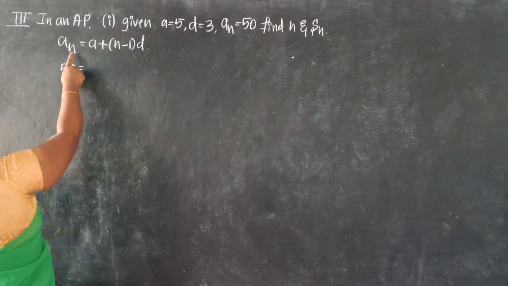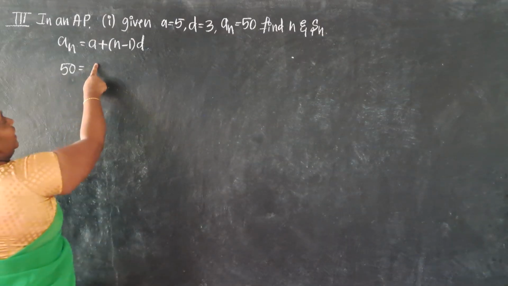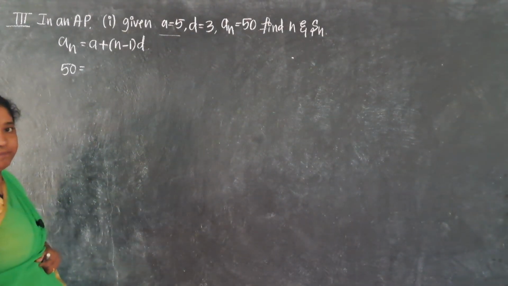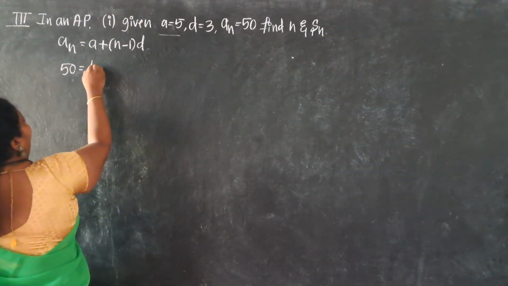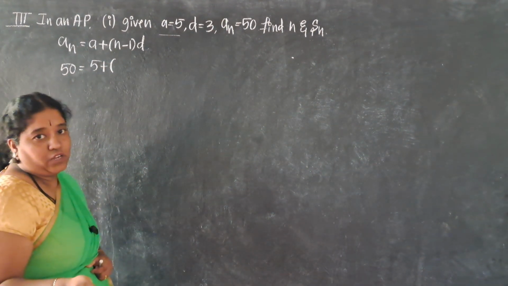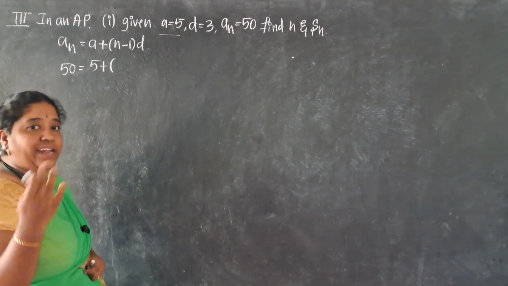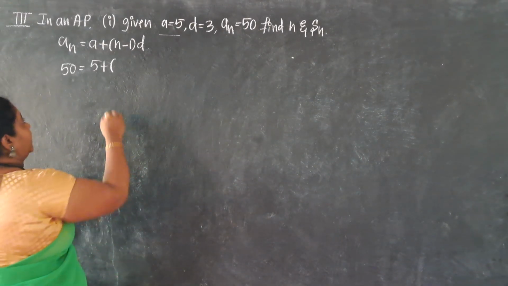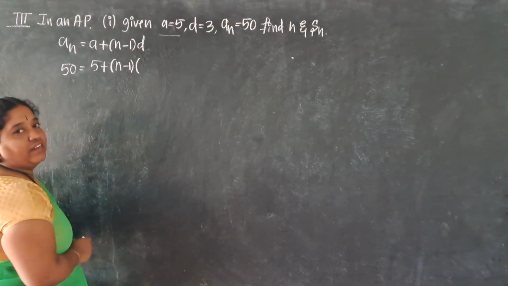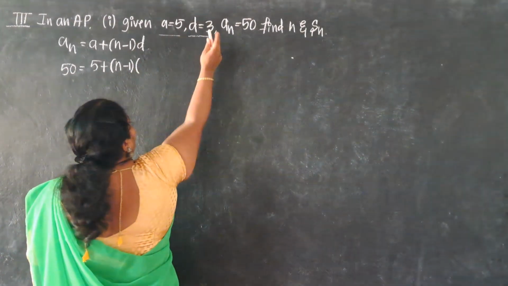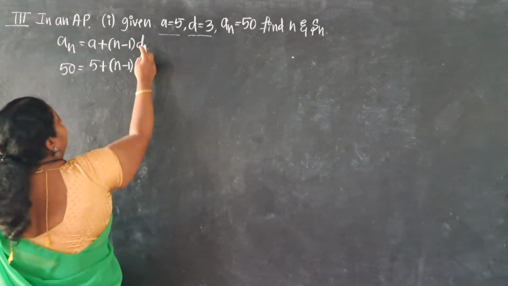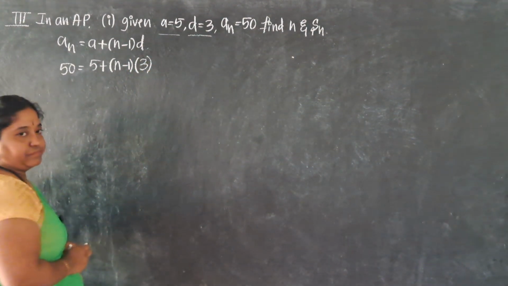What is the a value I have? 5. So a is 5 plus n, I don't know, dear. n is what I should calculate. So I'll write n as it is, n minus 1 into d. What is the common difference they have provided? Common difference is 3. Let me substitute d value as 3.